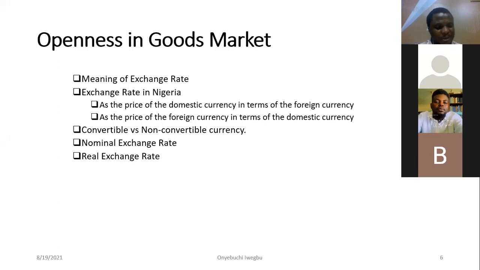In macroeconomics, there are two ways we can explain exchange rate. One, we can explain exchange rate as the price of the domestic currency in terms of the foreign currency. How much dollar can we use to exchange 1 naira?